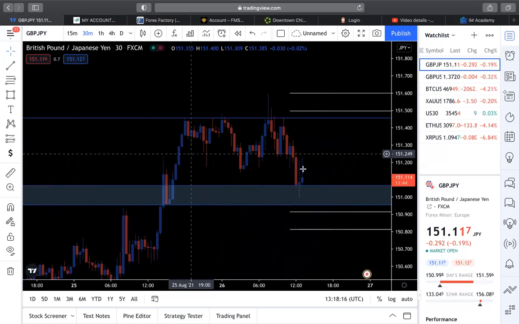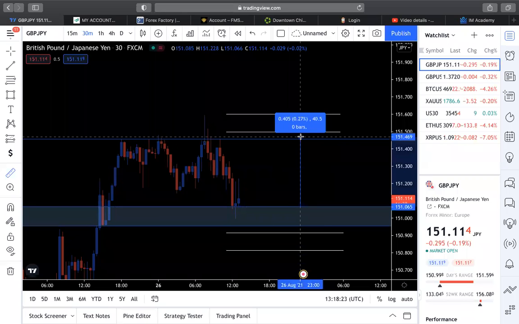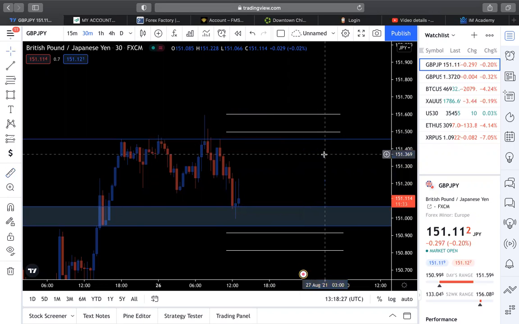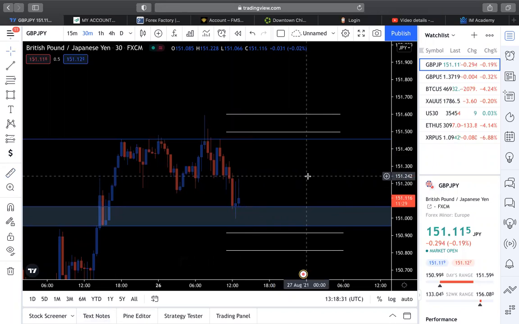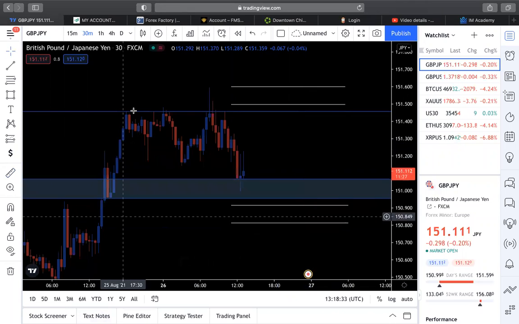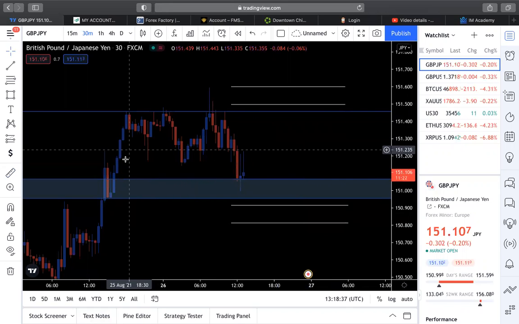All right. Let's see how big this consolidation zone is. So this right here, guys, is the consolidation zone. So about 40 pips around there. You can also call it the channel. So it's basically where GJ is stuck.